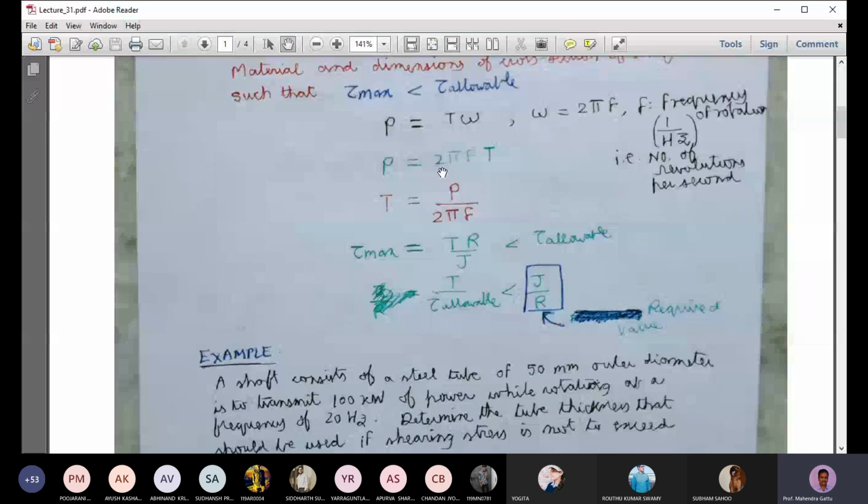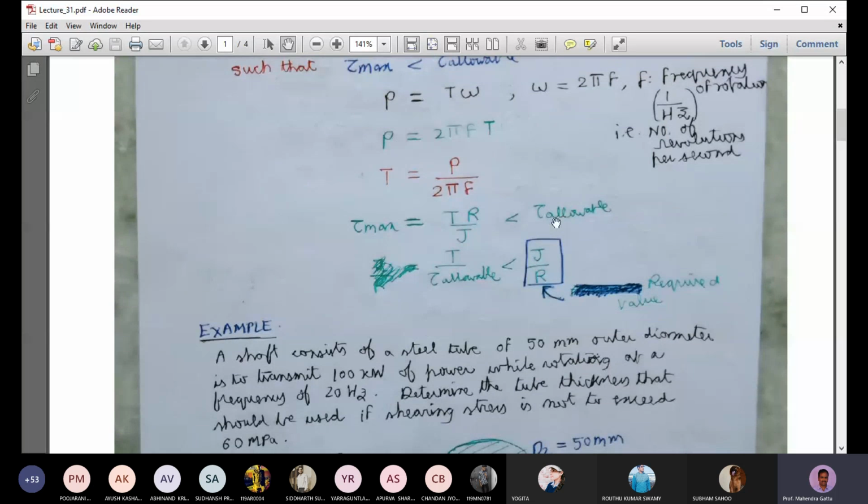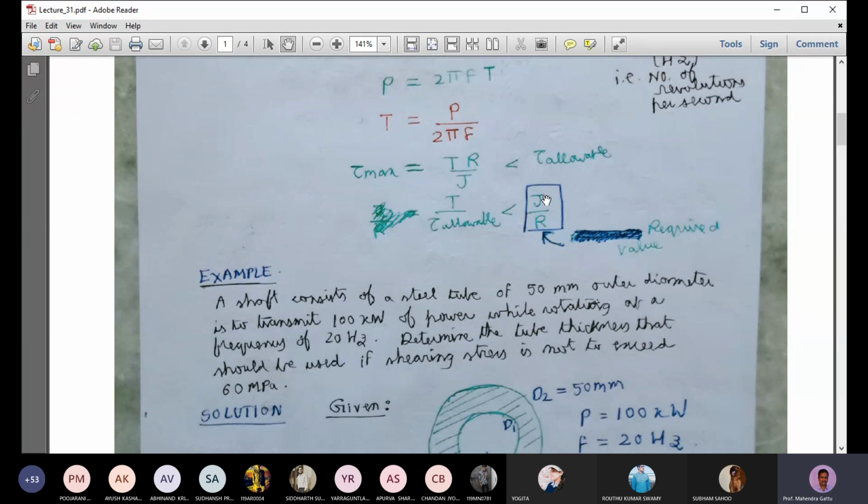P is equal to 2 pi F T, so T is equal to P by 2 pi F. From that you can calculate the T value, and then TR by J should be less than tau allowable. So J by R should be greater than or equal to T by tau allowable. J is the polar moment of inertia and R is the outer radius of the circular shaft.